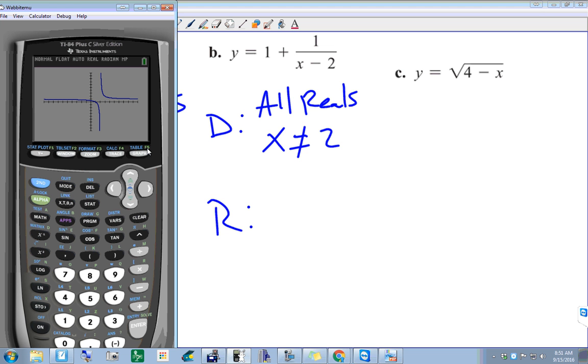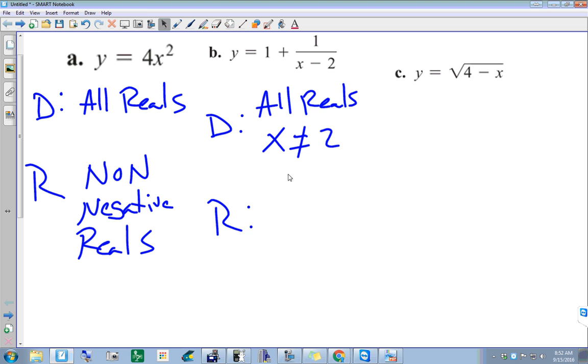Okay. Now, what we would be looking at here would be all reals, except there's going to be a line that it doesn't cross in there.